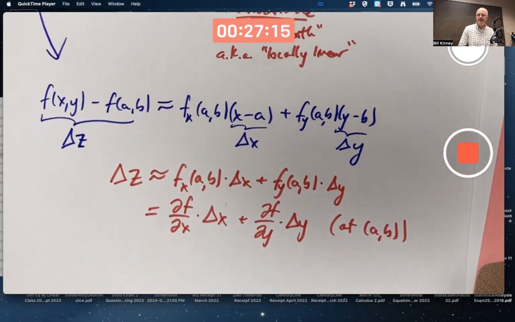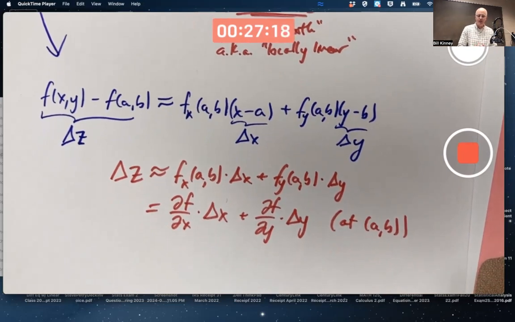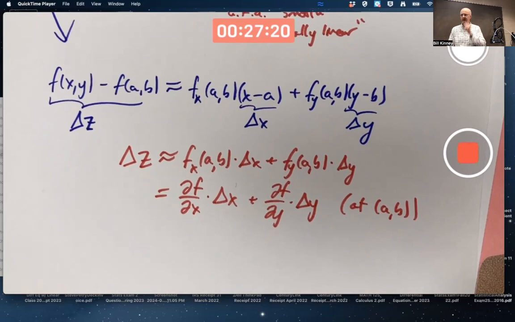Now we do something that gets the weird thing. We define two new variables, actually three new variables.